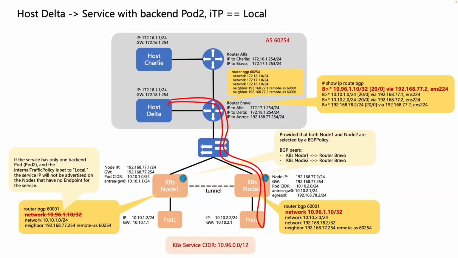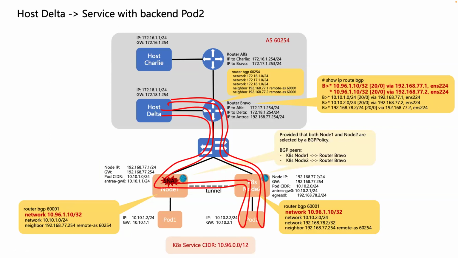Is there anything we need to do to support ECMP, or is it just the peer router's responsibility? Do you mean that we need extra config or something else? Yeah, I'm not sure. Except for advertising these IPs, do we have anything specific to support this scenario? Or is it just the router's responsibility?